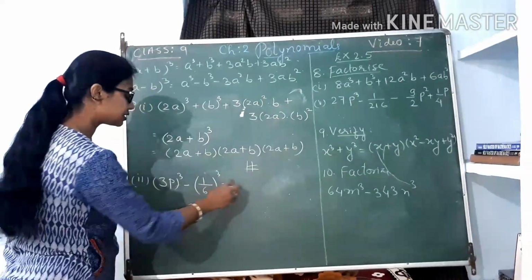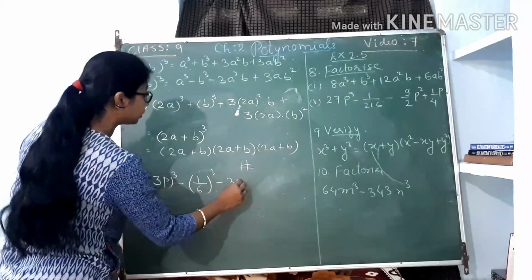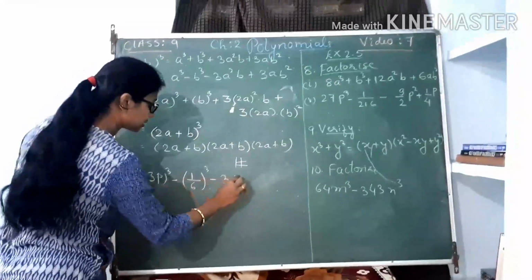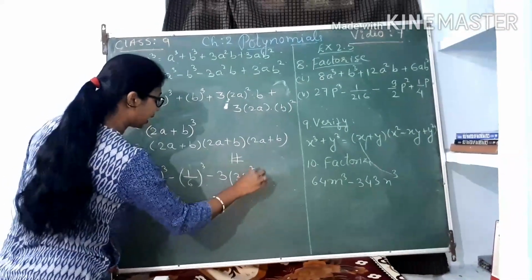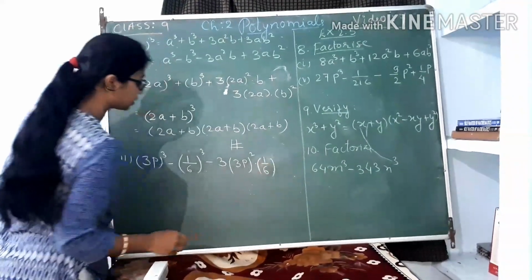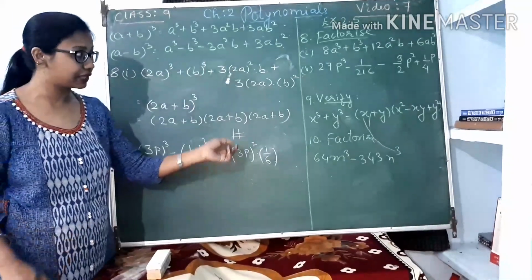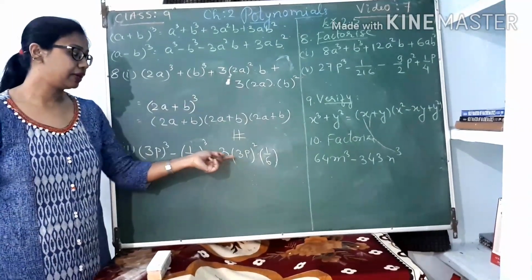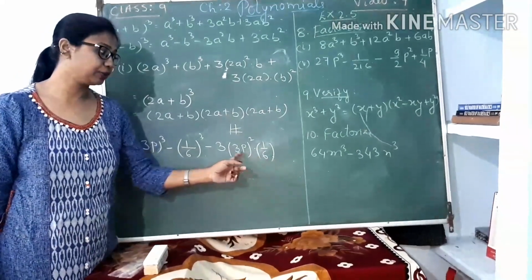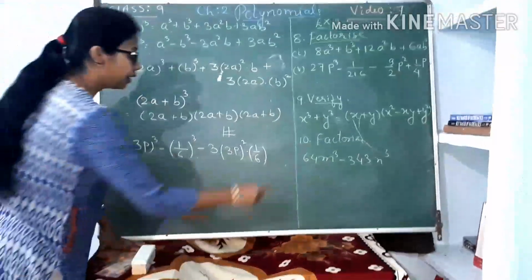Minus, the next term must be 3a square b. Sorry, 3 times your a, which is (3p) whole square, into b, which is 1 by 6. Don't put minus because we already have the negative sign. We are putting 3, and check whether you are getting the third term or not. 3 and 6 will be cancelled. This will be 2. 3 square is 9 by 2 p square. Yes, verify.